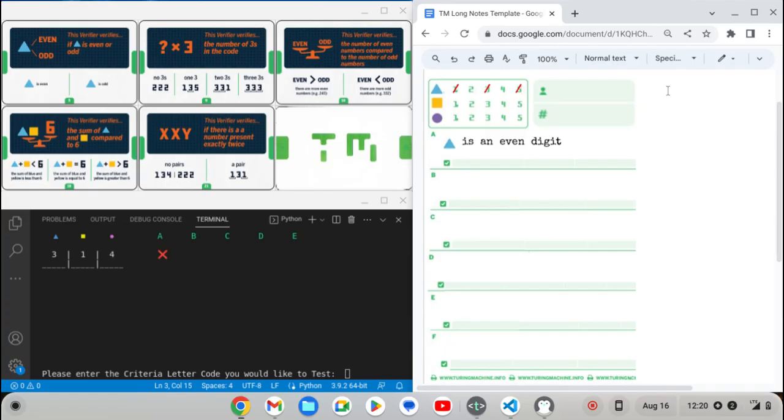Okay, next, I think I want to find out a little bit about the ratio of even to odds. So let's go ahead and test criteria card C. Okay, so the Turing Machine does not approve of my proposal. Notice that I do have 2 odds to a single even. It disagrees with that. So basically it's telling us that there are more even than odds.